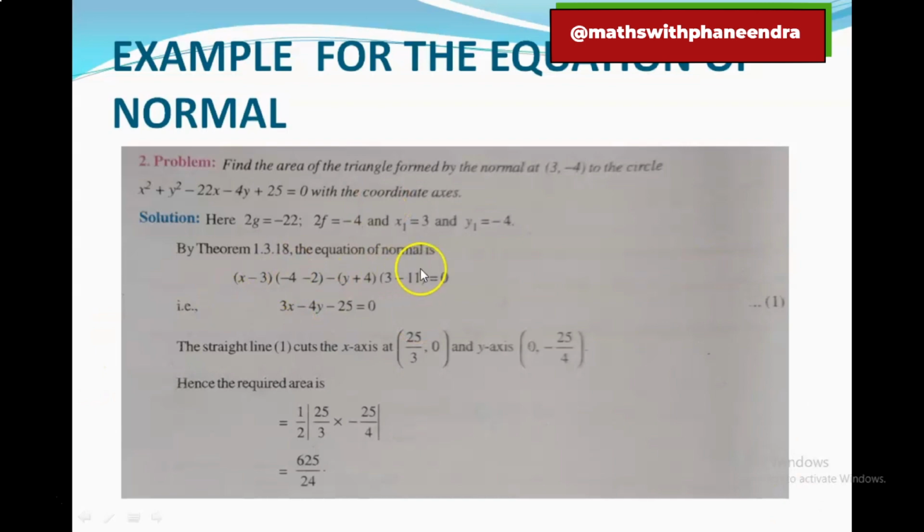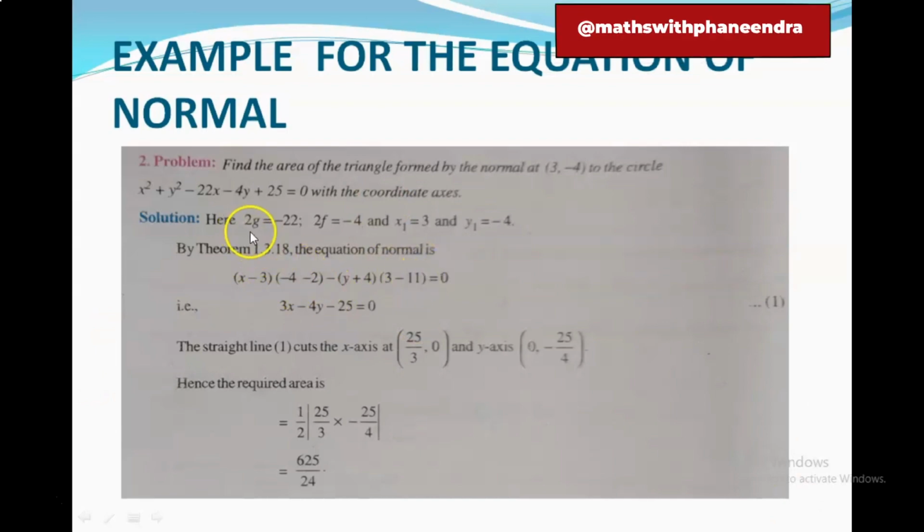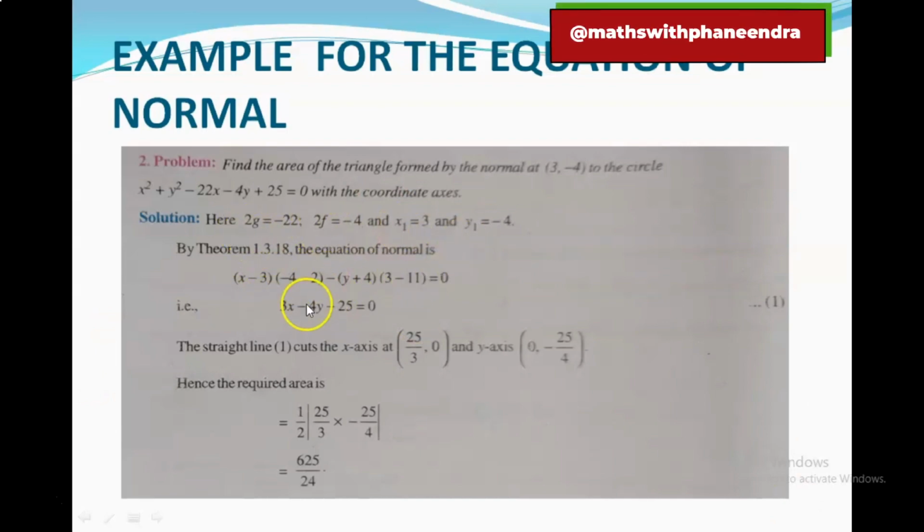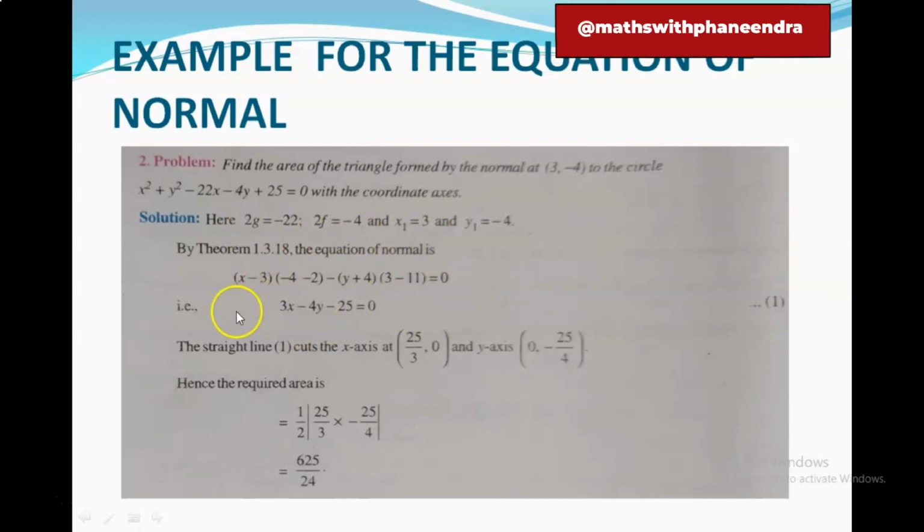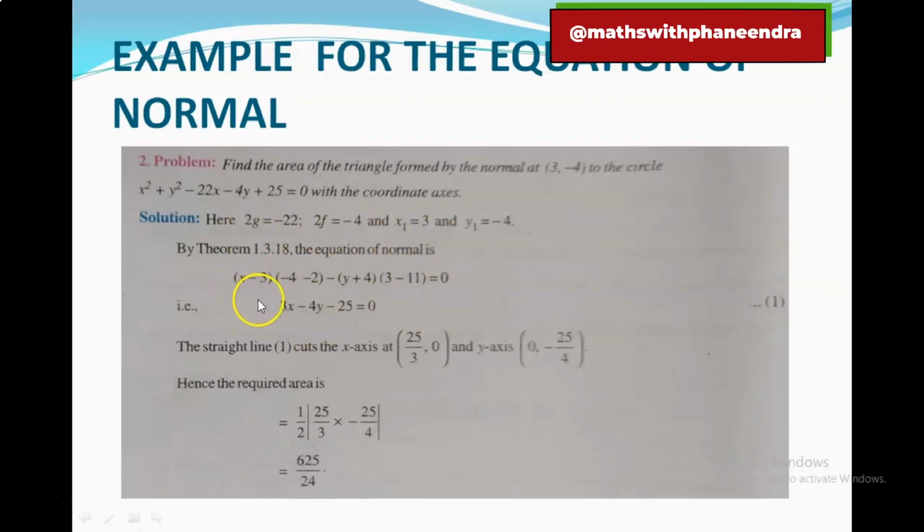In this formula, we have to substitute the values of g, f and x1, y1 and simplify. x1 is 3, y1 is -4, f is -2. Minus (y - y1), y1 is -4, so minus (y + 4), into x1 + g: x1 is 3, plus g, g is -11, equal to 0.